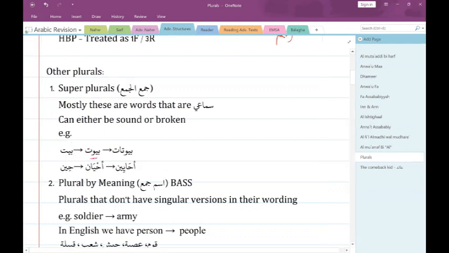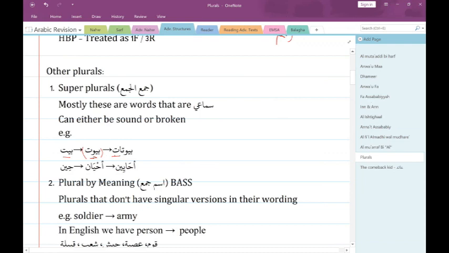Now you see buyut isn't sound because the word bait was not maintained. The bait was broken, and something was inserted to make a broken plural, which is buyut. So bait, buyut, house, houses. Now you can actually take buyut and make it an even bigger plural. You can say buyutat. We took this word buyut, which is already a broken plural, and then we added atun, atin at the end.